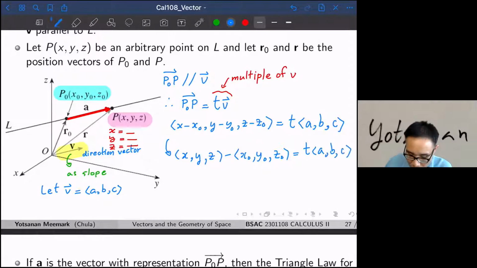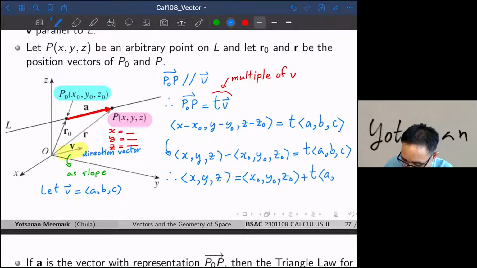So x, y, z equals x0, y0, z0 plus t times a, b, c.